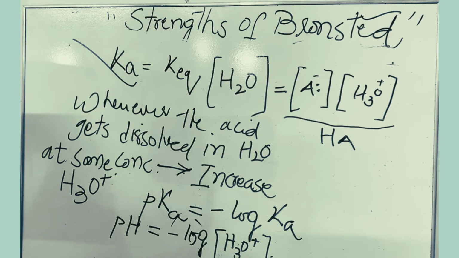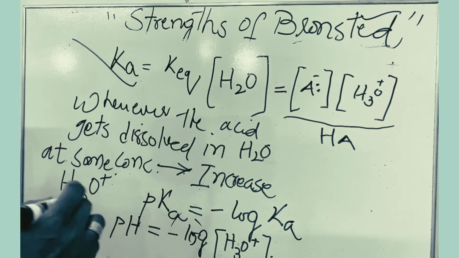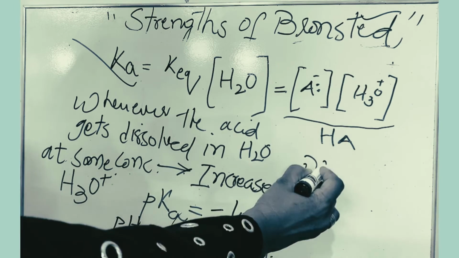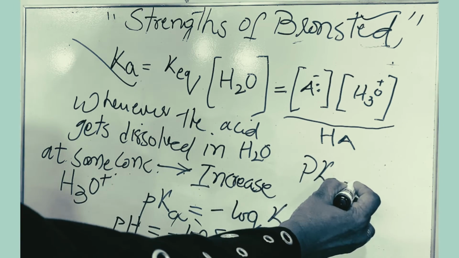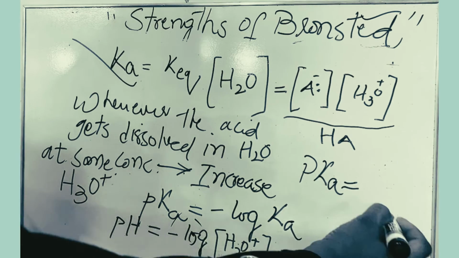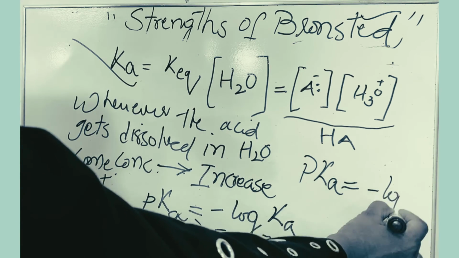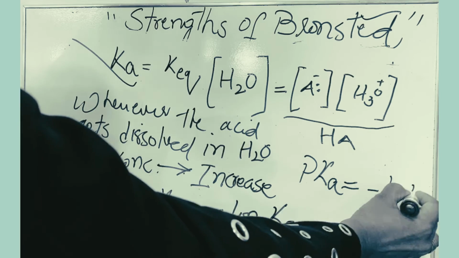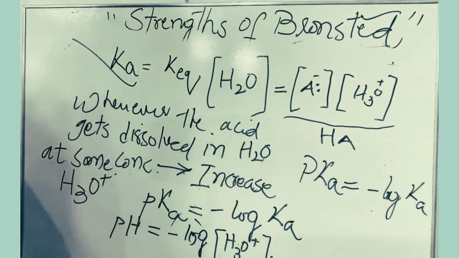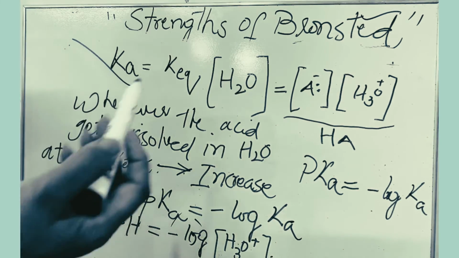Always remember, the stronger the acid is, the larger its Ka would be. That is, pKa equals minus log Ka. Now what does this describe?